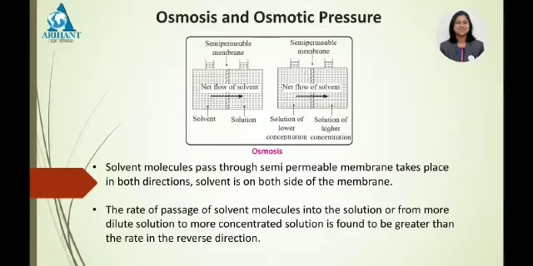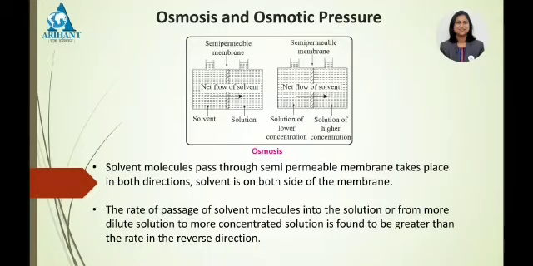The passage of solvent molecules through the semi-permeable membrane takes place in both directions. Solvent is on both sides of the membrane. That is, solvent is solvent, and solution is a mixture of solute and solvent.